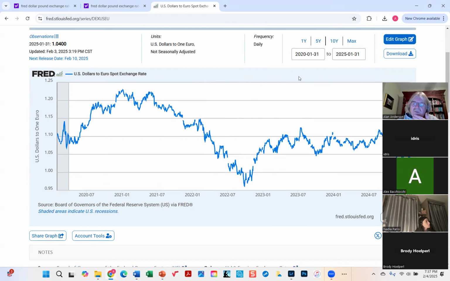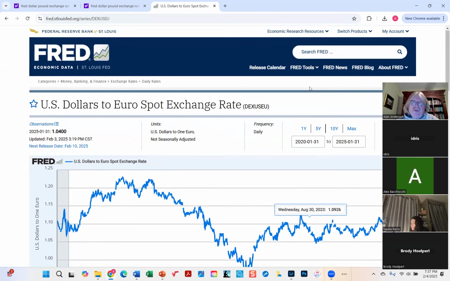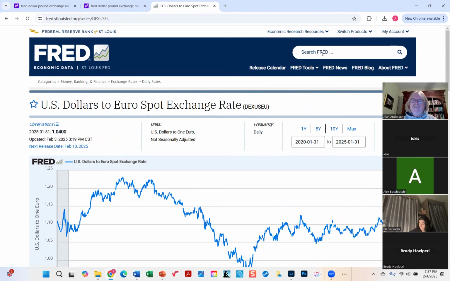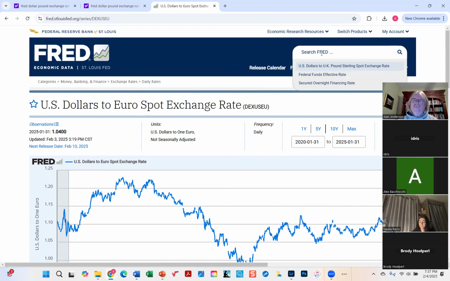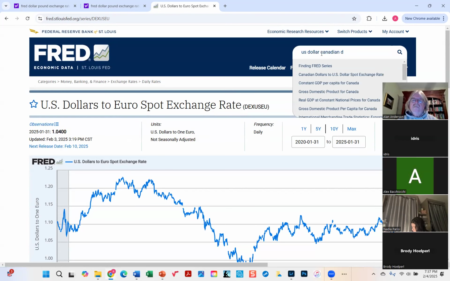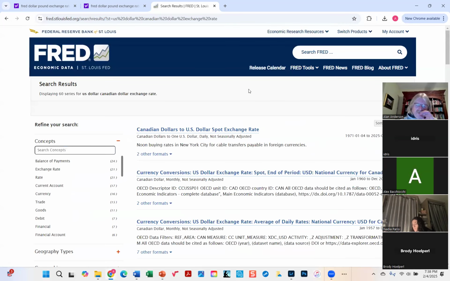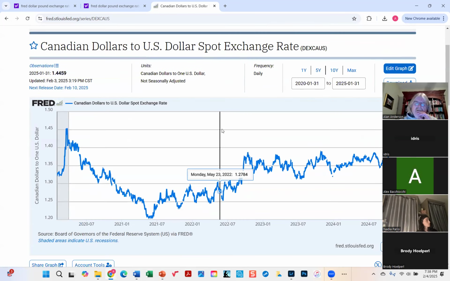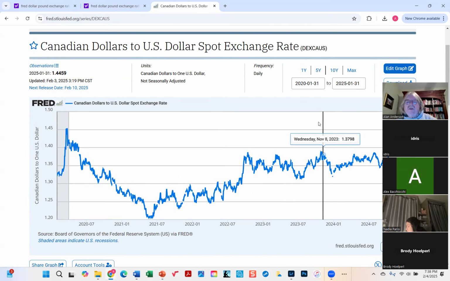Although it's hard to tell from a graph. You have to really have the numbers, the standard deviations. And then they also mentioned the dollar Canadian dollar exchange rate. That one's pretty volatile too.